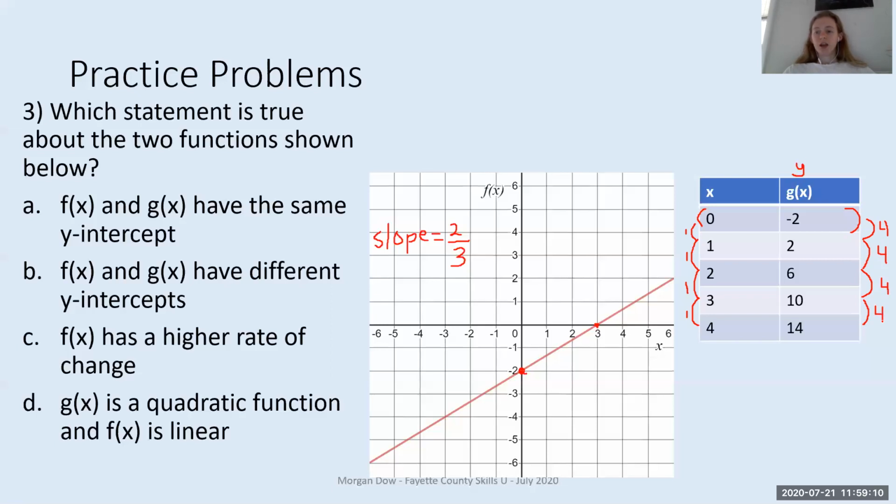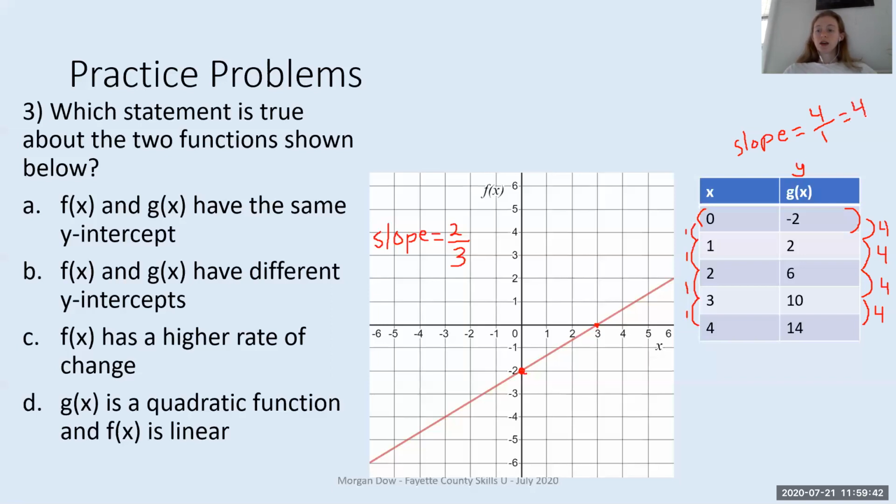So for this function g of x, the slope is, well, we're seeing an increase of 4 in the y direction for g of x each time we have an increase of 1 in the x direction. So the slope is 4/1, or we could simplify that to 4.